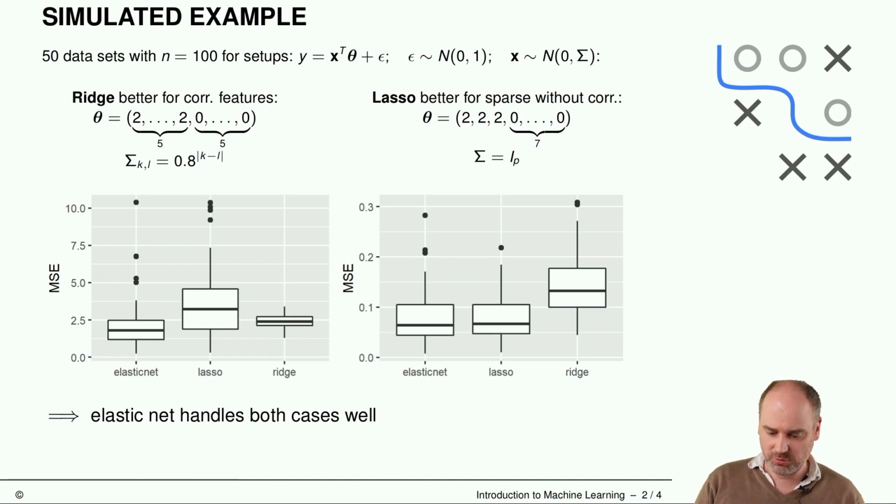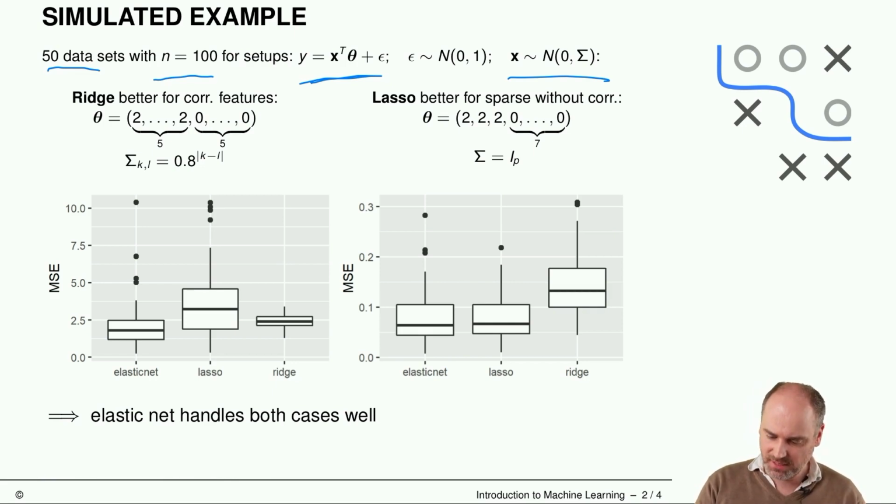I have again used a straightforward linear DGP, data generating process, to simulate things. I have always sampled 100 observations. I've created 50 different data sets to also do a variance analysis of things, and creating a certain correlation structure for my features, because that's what I want to study here.